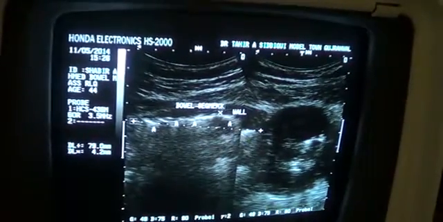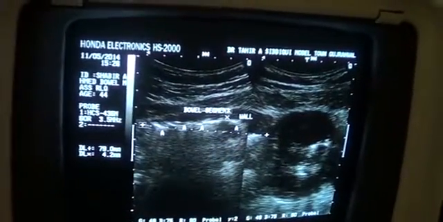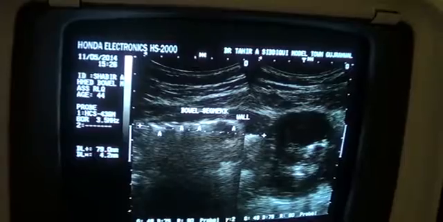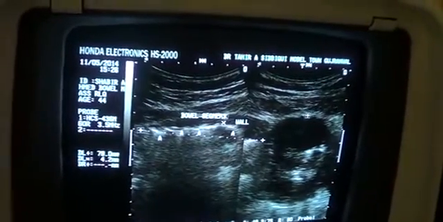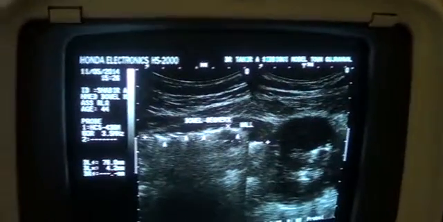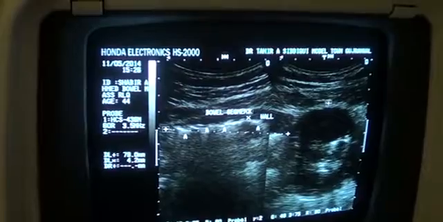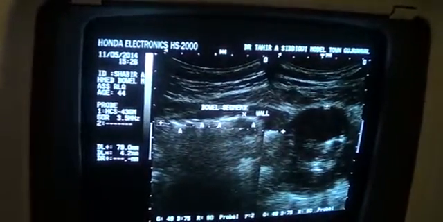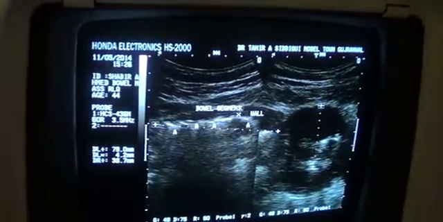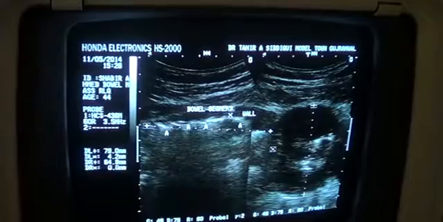And the other one, which is seen cystic and solid with air in it, has a rather thick wall, this bowel-related mass, and this is its dimension.